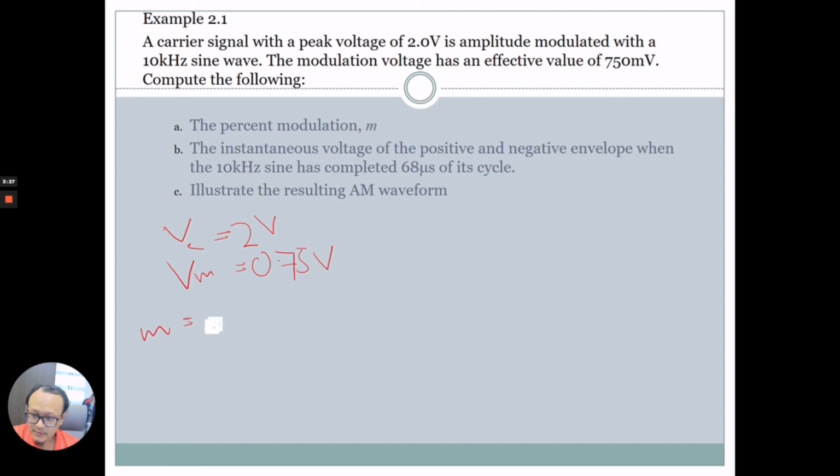So M is equal to Vm over Vc times 100, and you get the answer 37.5. Sorry, not volts, percent, because it's in percent. So this is A.